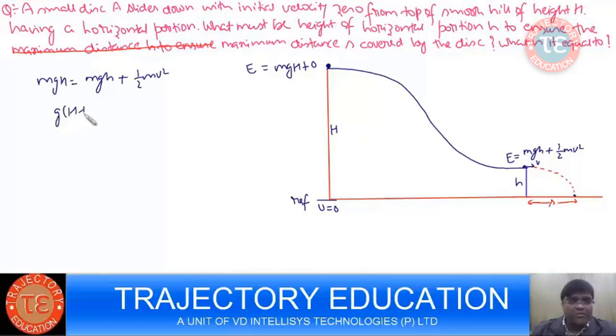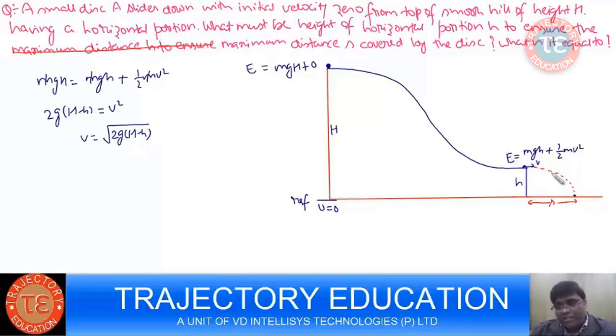The m will cancel out. So v equals the square root of 2g(H minus h), right? That's the velocity over here.